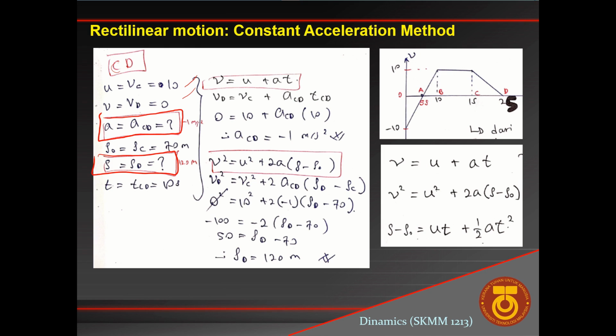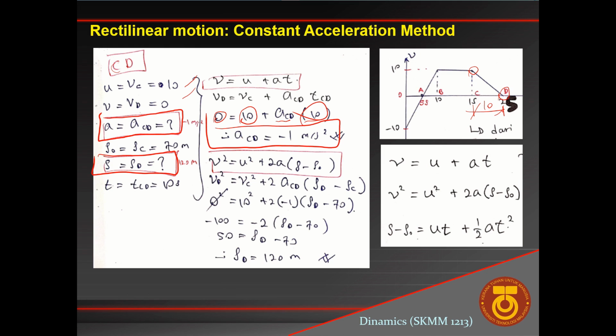So VD we know is 0, so I put 0. VC is 10, so I put 10 here. A I don't know. Time taken, 25 minus 15, you get 10. So 10 here. So you have A, which is minus 1.